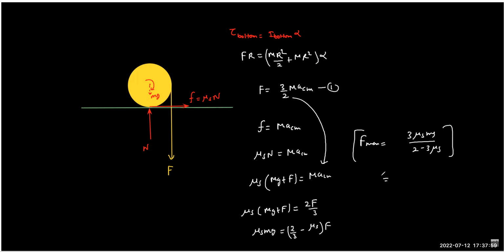Which line? I think I must have messed up in that F part. Okay. Got it. I think I took it only as MR square by 2. That's why I was getting the answer 10 by 3, not 10. Correct. Yes, got it.